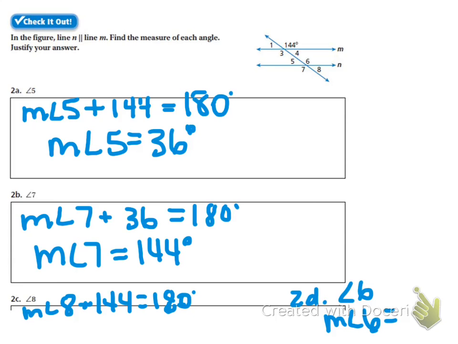And then 2C, the measure of angle 8 is, Debbie? 36 degrees. That is correct. And then corresponding angles are congruent makes angle 6. Mohammed? 144 degrees. That is correct.